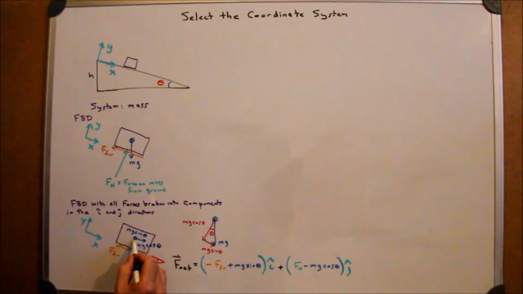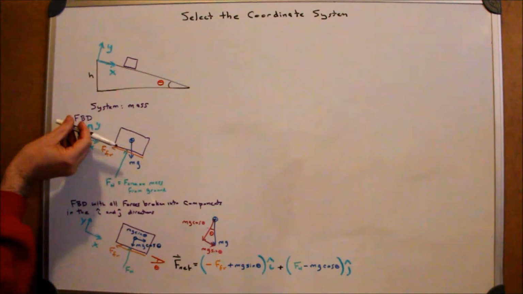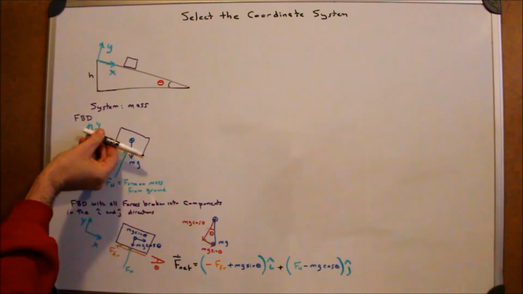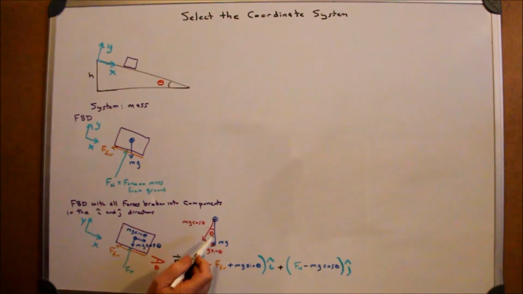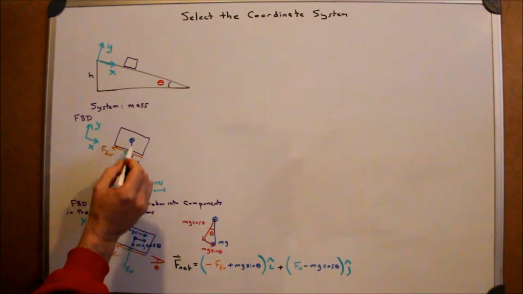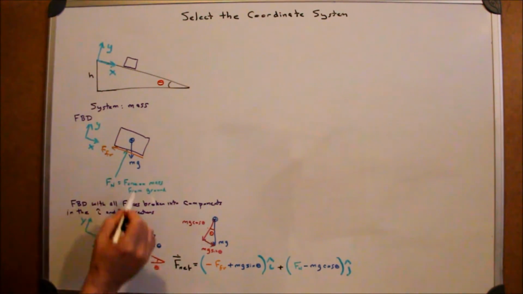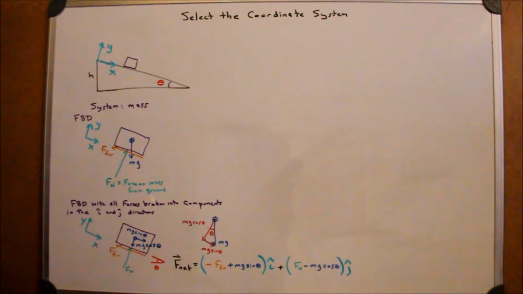So I'm going to draw that here, mg cosine theta. And then there's some part of this force that's moving it in the positive x direction, and that's mg sine theta. So I'm going to put mg sine theta in there. So I just redrew those, and this is the exact same thing as that, just showing it vectorially, and that's going to help me when I do my net forces.